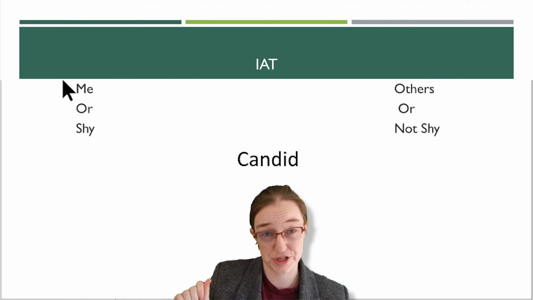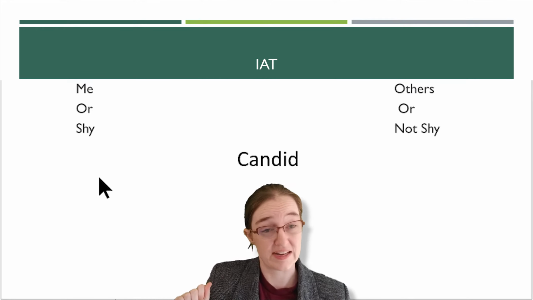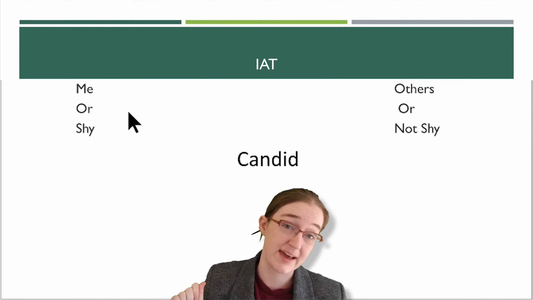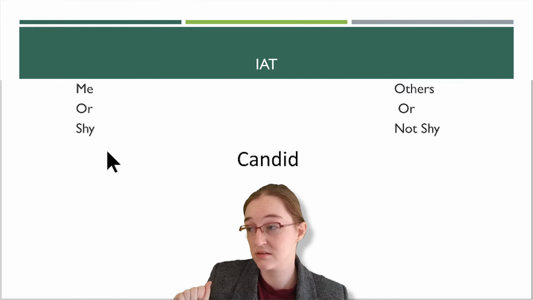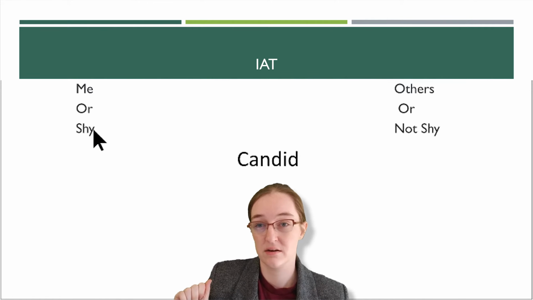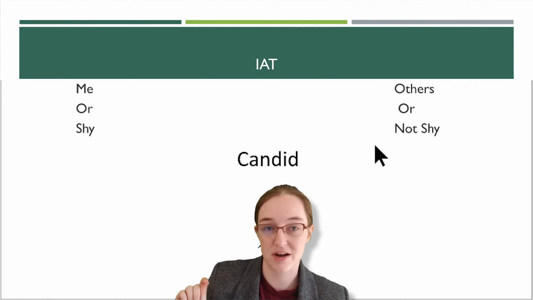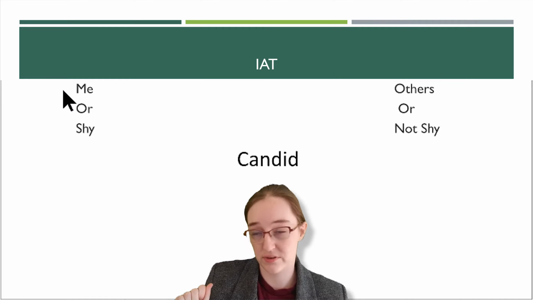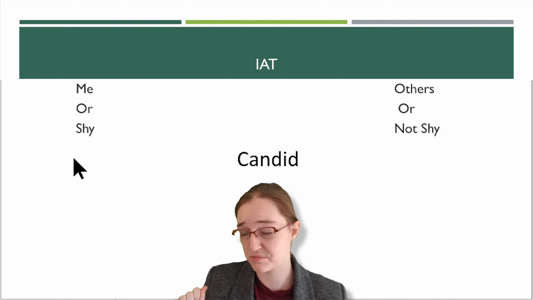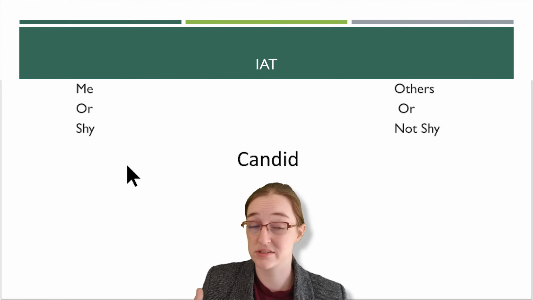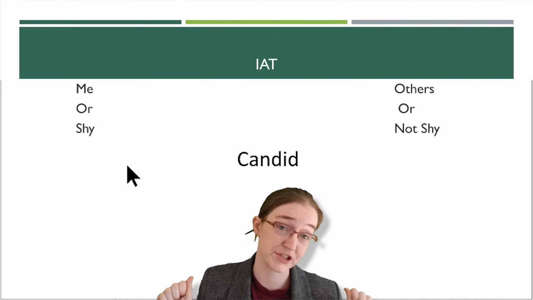So if you think you're a shy person, you'll be faster and more accurate with categorizing things that are on the me versus shy side, as well as the others not shy. So if you think you're shy, you'll fall into this bucket, and it'll be easier. You'll still make mistakes because these are really fast, and the goal is to measure your reaction time and accuracy.